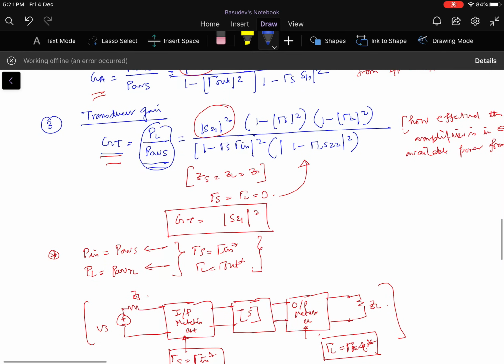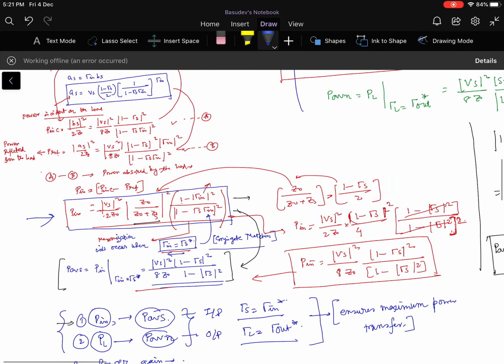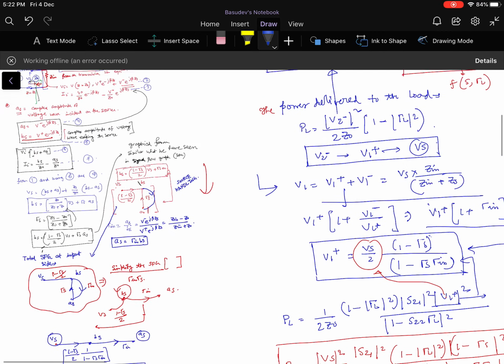Then we discussed one special case where we put tau s equal to tau l equal to 0, which means there is no reflection at the output port and at the input port. So the source is terminated with the characteristic impedance Z0, and the load is also terminated with Z0.